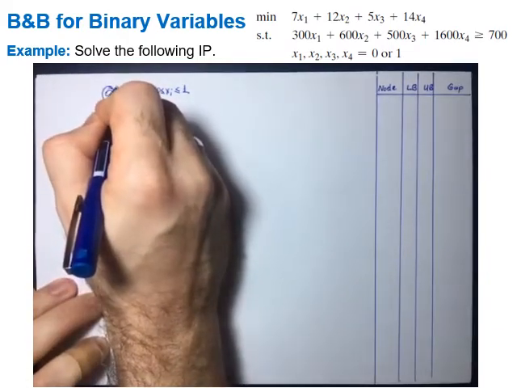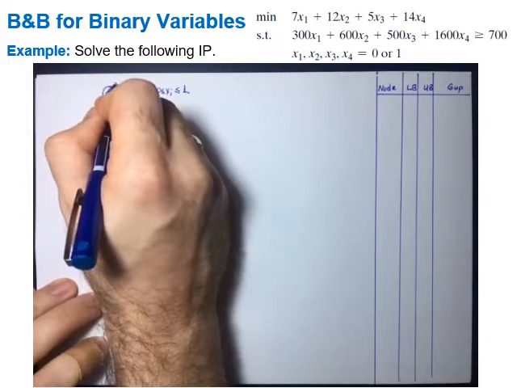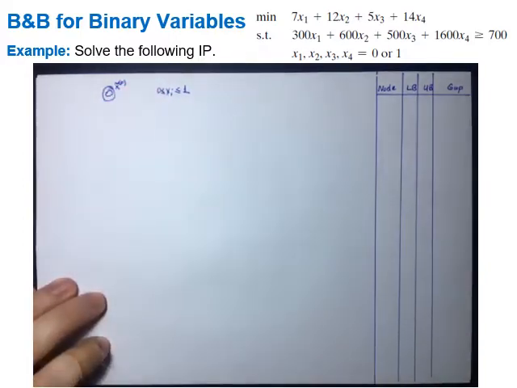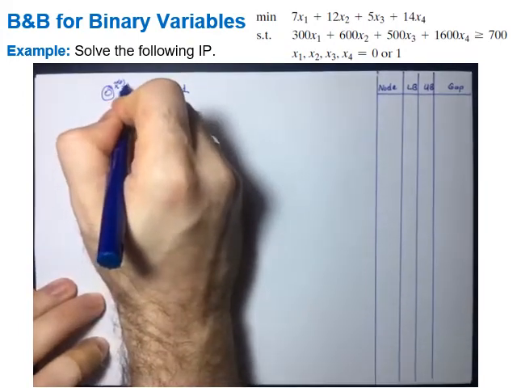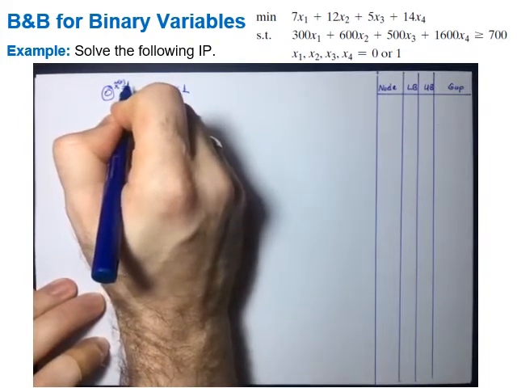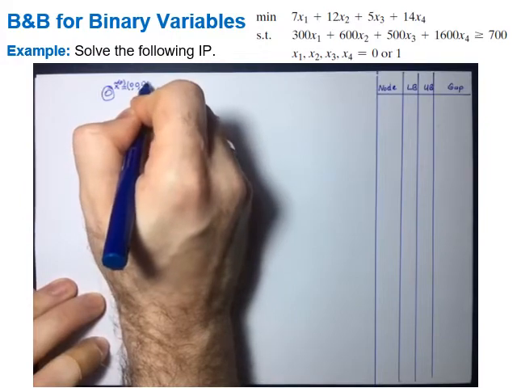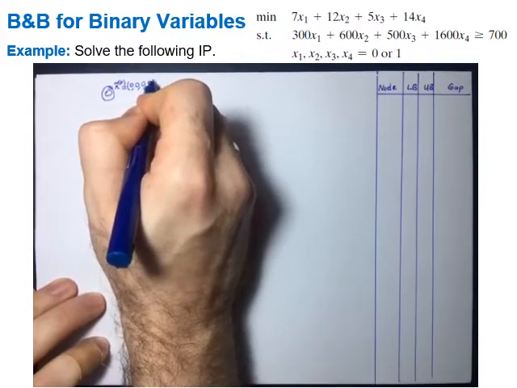I'm going to represent the solution with x tilde 0. This 0 indicates that it is the solution in node 0. And that solution is 0, 0, 0, and 0.44.